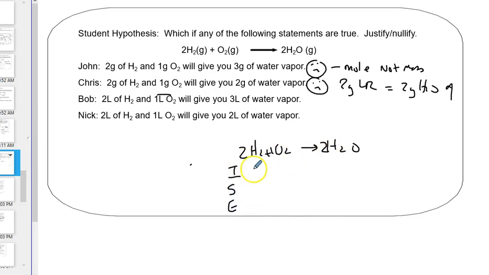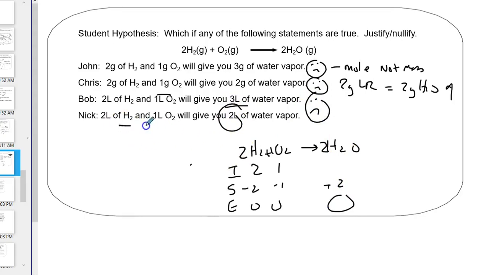We can use everything else pretty much. So 2, 1, what do I get? Minus 2, minus 1, 0, 0, and I get 2. And therefore the answer is still no. I'm not going to get 3 liters, I'm going to get 2 liters of gas. And that is the ICE table right there. Nice.